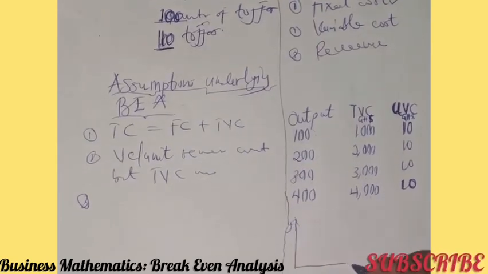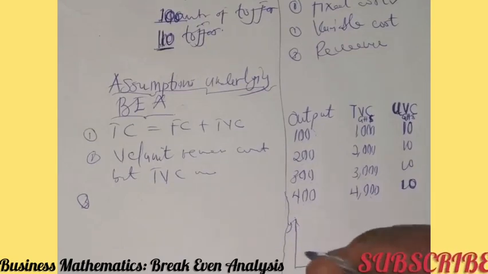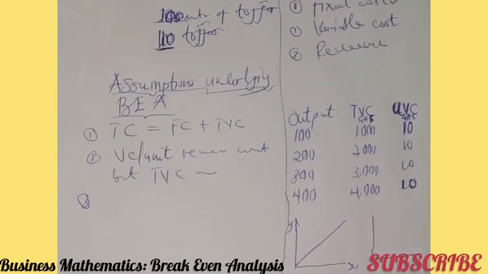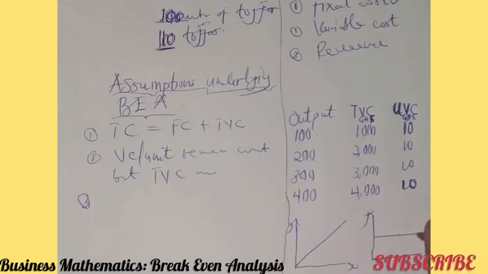Let's say here is y, here is x. I'm using this just for presentation. Your total variable cost will be like this. Then your unit variable cost will also be like this. That's how it's going to be when you plot it. So you clearly see that here it is constant, meaning a straight line, but here it changes as the output changes.